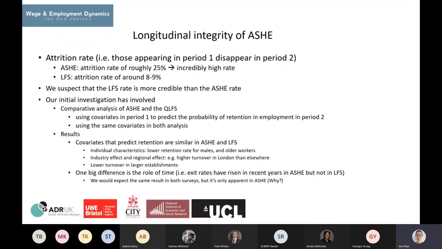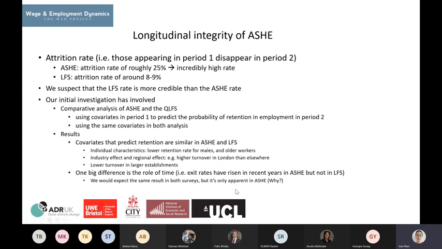But when we did the same analysis for the quarterly LFS, the attrition rate is around 8 to 9%. We suspect that the LFS rate is more credible than ASHE. So we did a comparative analysis of ASHE and the quarterly LFS, and the results are basically pretty much the same, except one big difference that we found, which is the role of time.